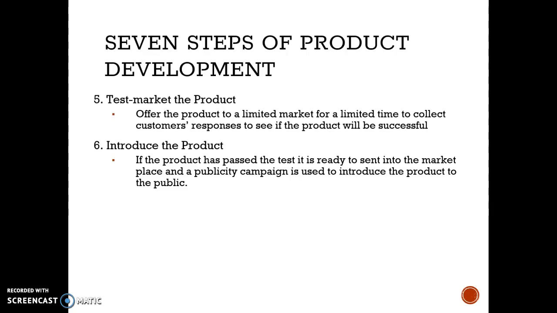And then step number 6, if we get past step number 5 and everything goes well, is where we're going to actually introduce the product to the whole consumer market. So not just that limited market in number 5, this would be the whole market. Okay, so if the product passed the test, it's ready to be sent into the marketplace.